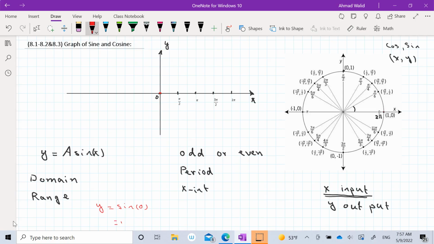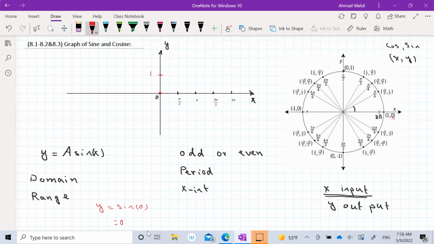Always 1, correct? It means when your angle is 0, if I mark this place as 1, the value of sine is what? 0, not 1. I read wrong. The sine of 0 is 0, correct? It means you have this point.